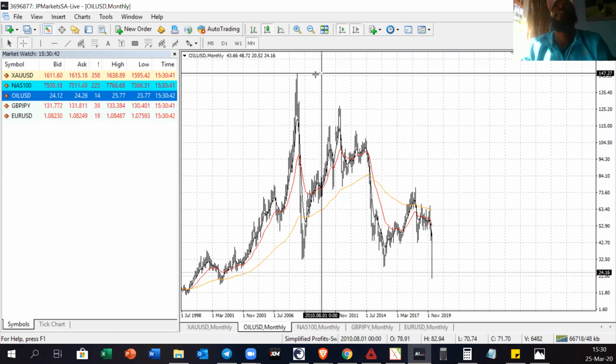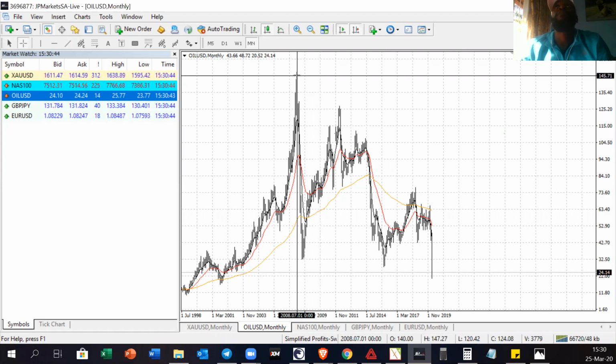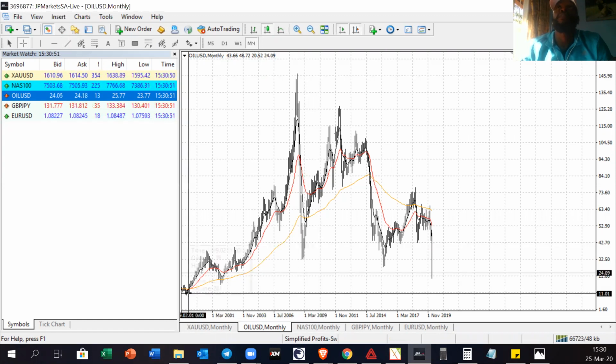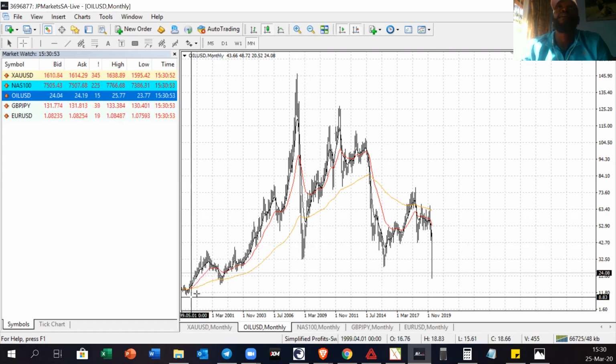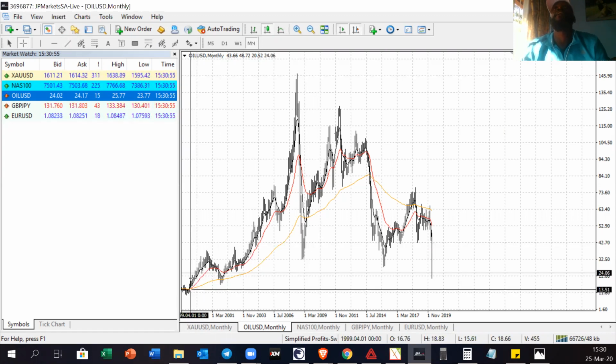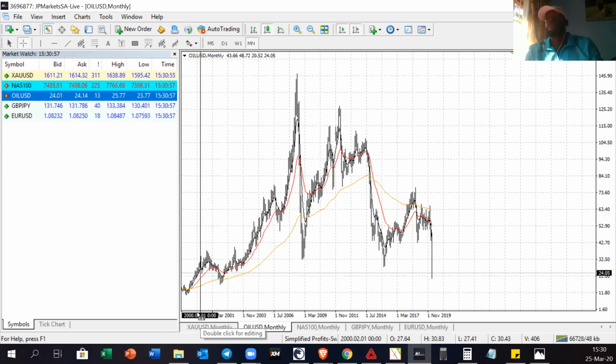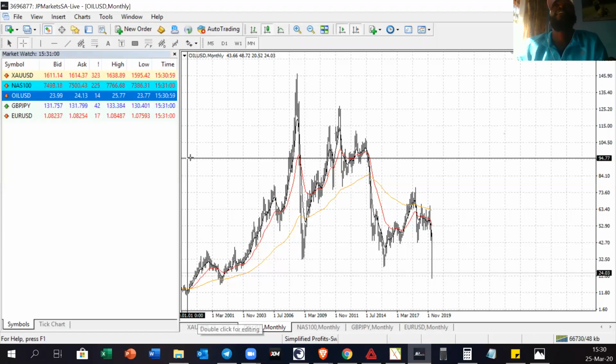$24.19. The highest it's been is $145 a barrel, which was in 2008, and the lowest it's been was $11, which was back in 1999.